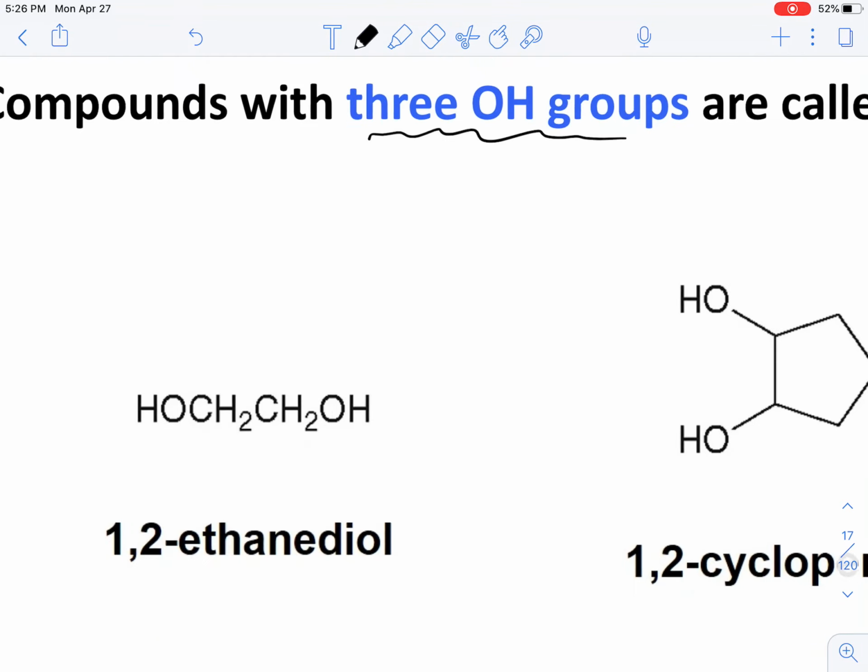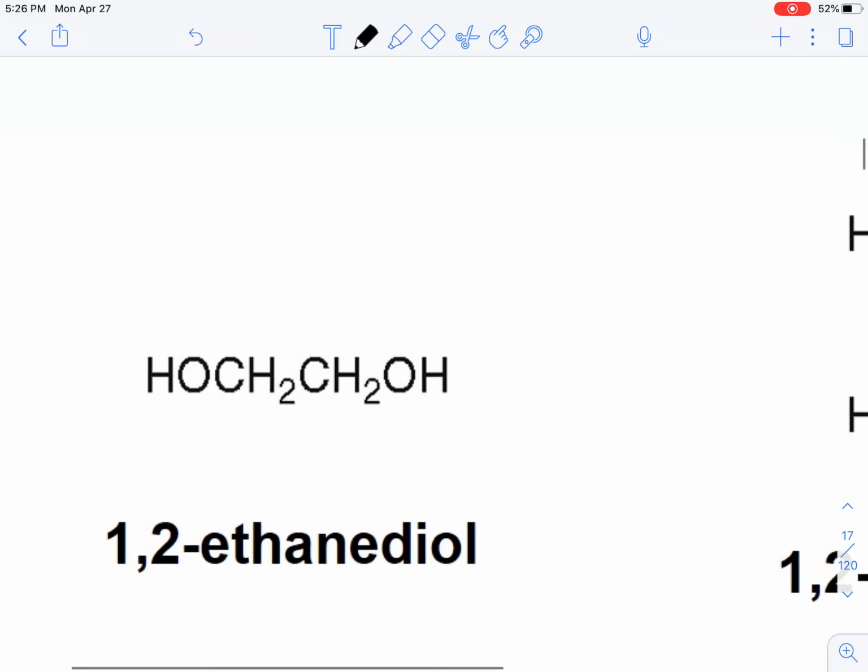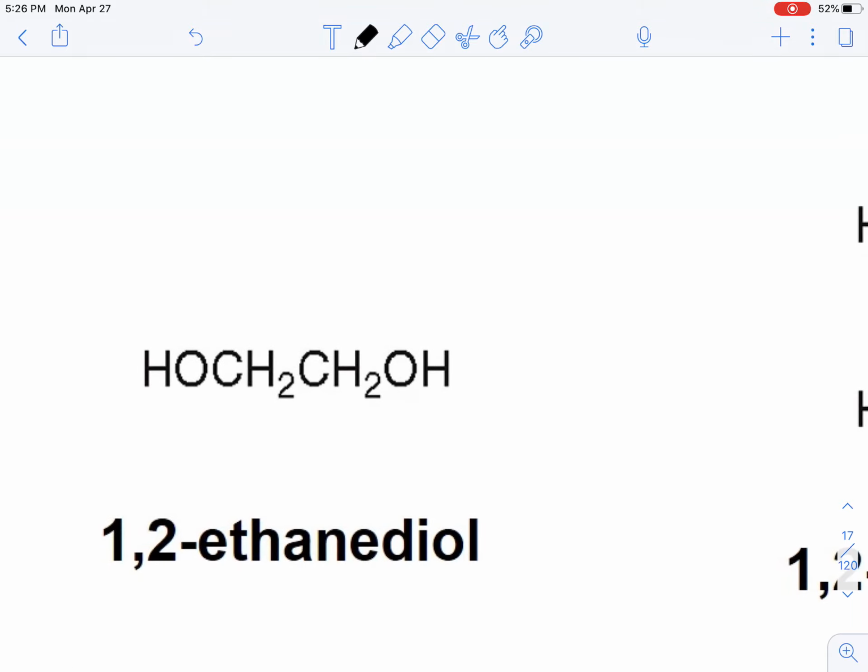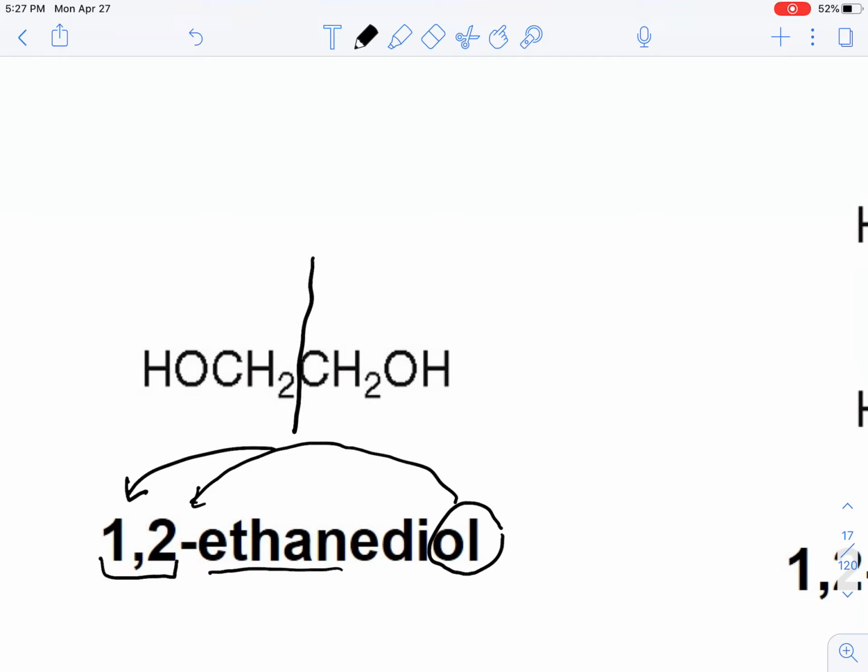And so again, we need to communicate to the reader where those alcohols are located. What carbon are they covalently bonded to? And so this is the reason why we have to put in numbers in front of the parent name to describe where those 2 alcohols are located on the parent chain. And so this is a symmetrical molecule, right? If I flip it, it's still the same thing.